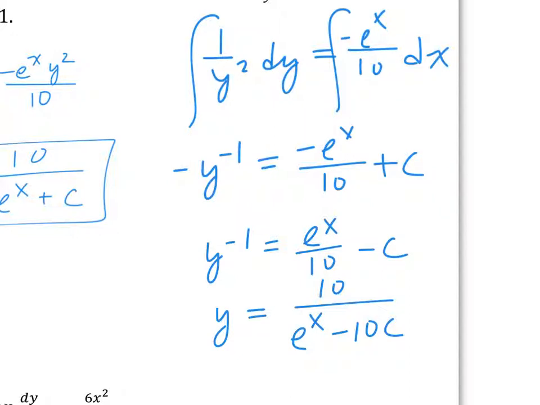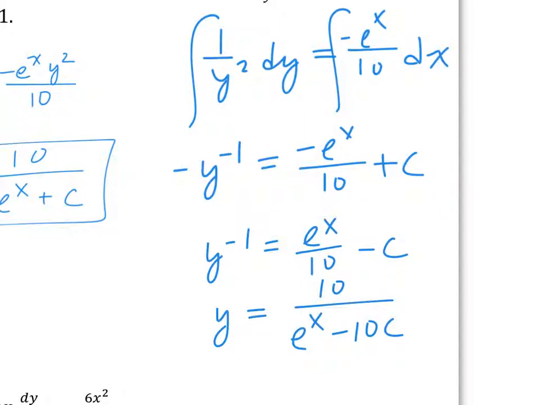C is a very interesting thing. What you want to do with C is just be careful. C is just a constant. It's just how you define this constant. However you do it, keep it constant.